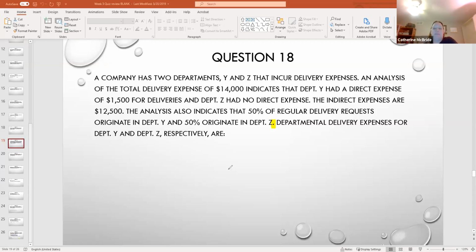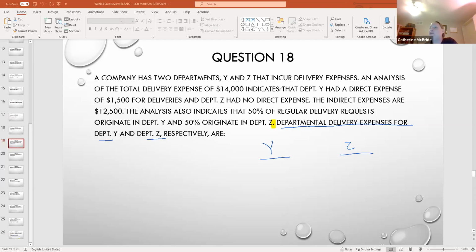Question 18. We want to know the departmental delivery expenses for Y and Z respectively. So we're just looking for the total expenses. Okay, the company has two departments, Y and Z, that incur delivery expenses.